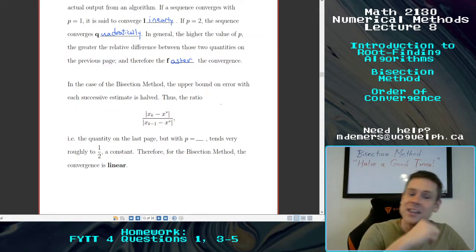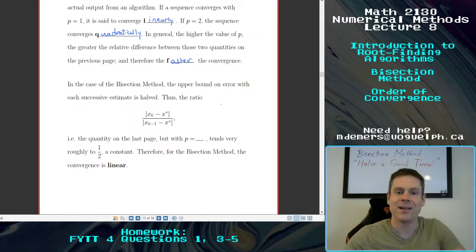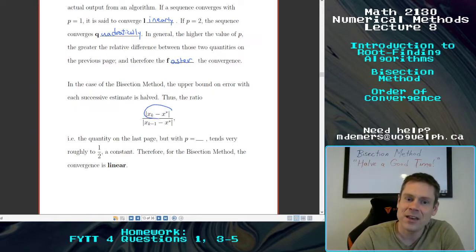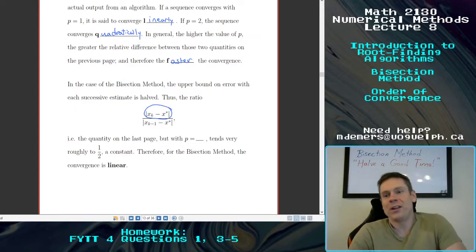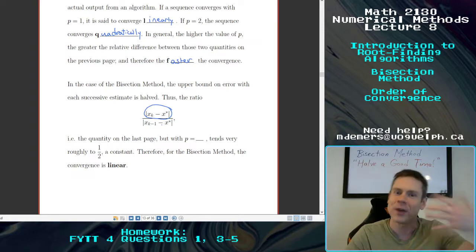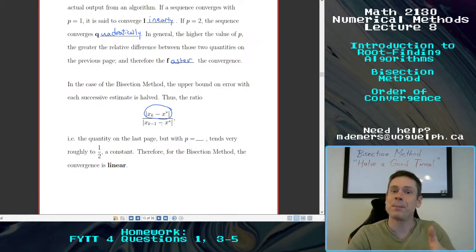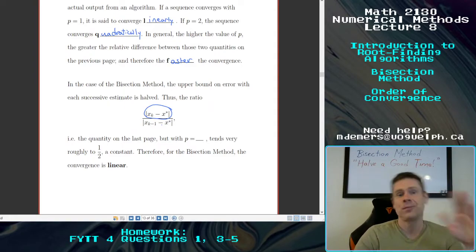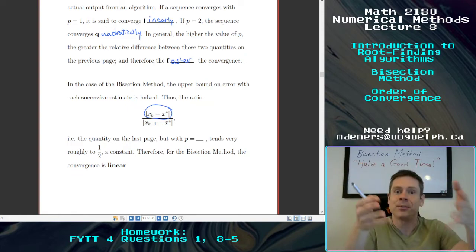So it's pretty easy to see that typically, at the worst, you've got to have the greatest possible error from the step before it at every step, right? You might do better than that, but at worst, you're getting to half the possible error.